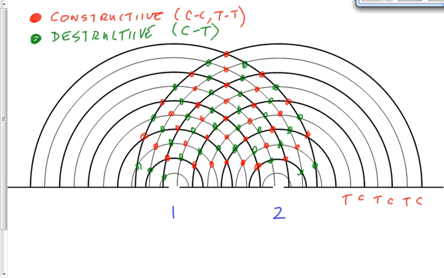Now what we're going to do is, we got kindergartners at the school now. Let's do a little kindergarten work. Join the dots. All the green dots, let's join them. All the red dots, let's join them.